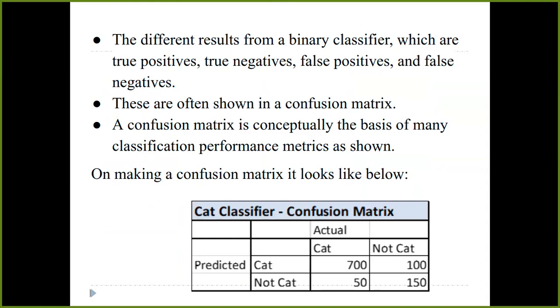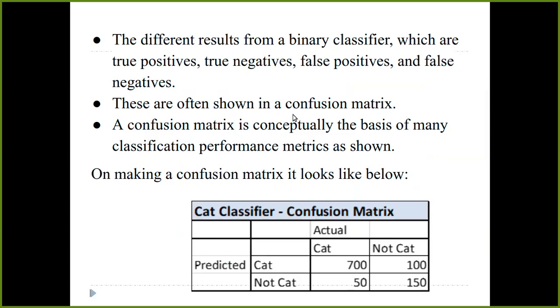During the observation, whatever the four cases are, that is true positives, true negatives, false positives, and false negatives, we want to put them into a matrix. For the binary classifier, a confusion matrix is used.